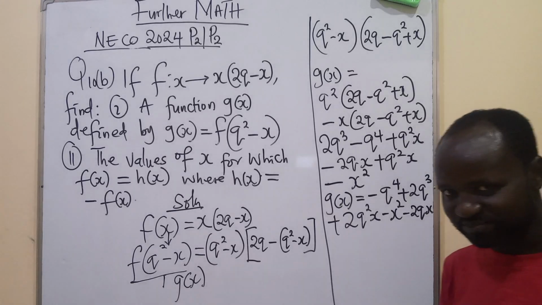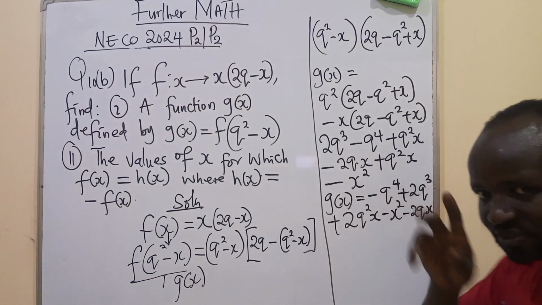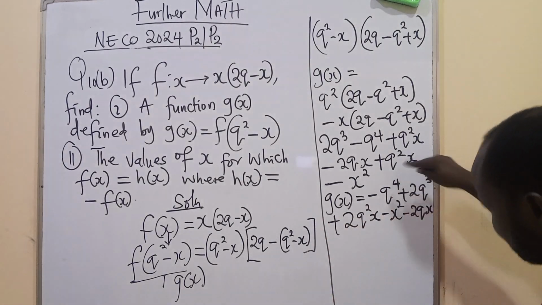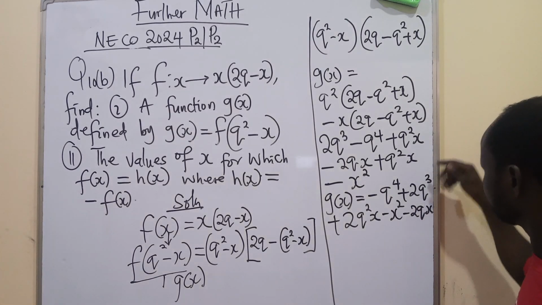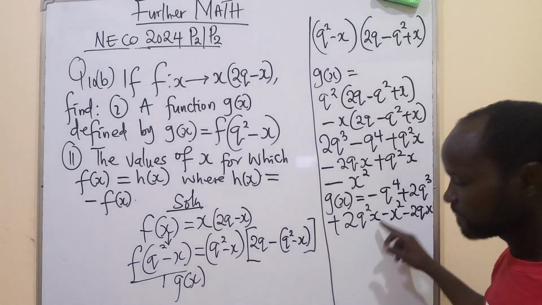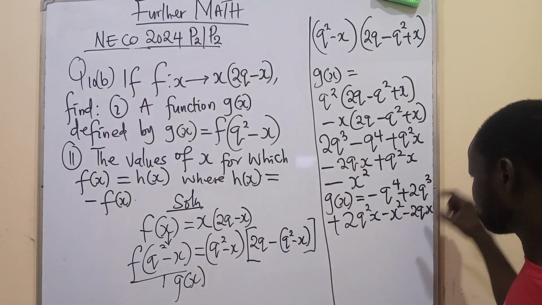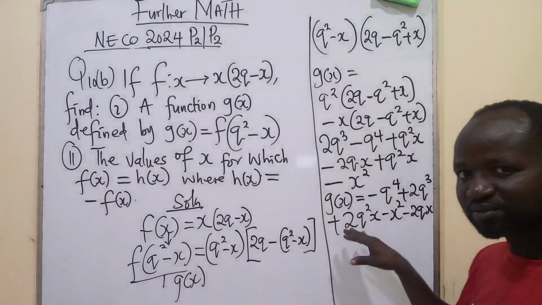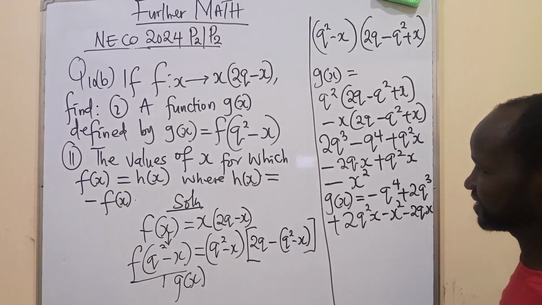So this will be the simplification. Our g of x now is nothing but minus q power 4 plus 2q power 3 plus 2q square x minus x squared minus 2qx. So this will be our g of x.